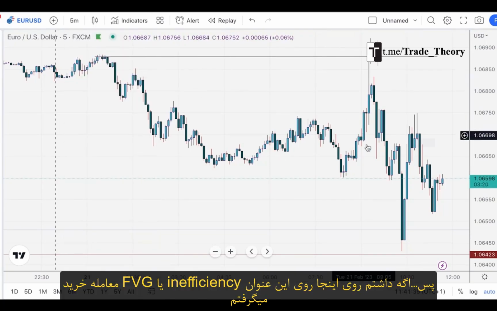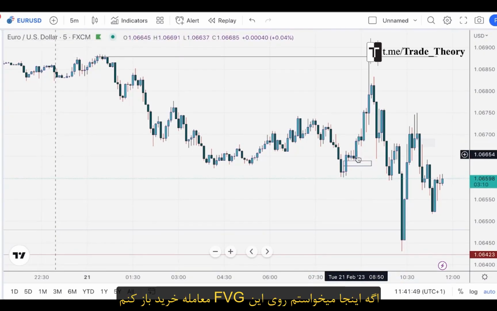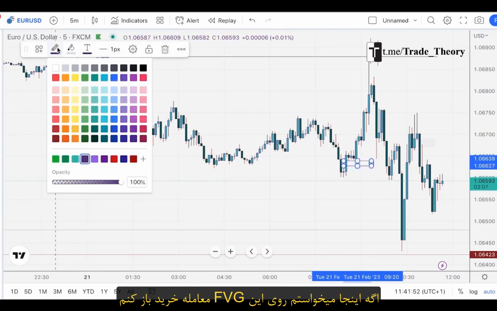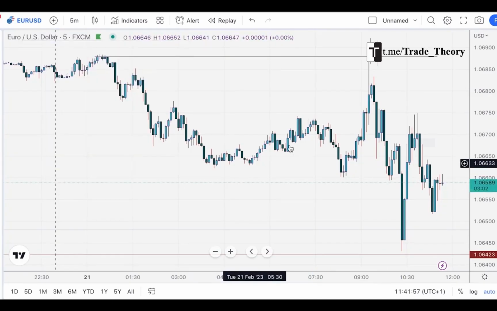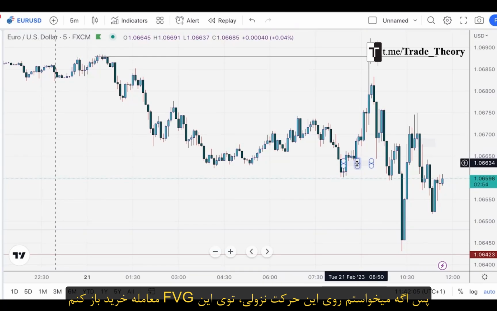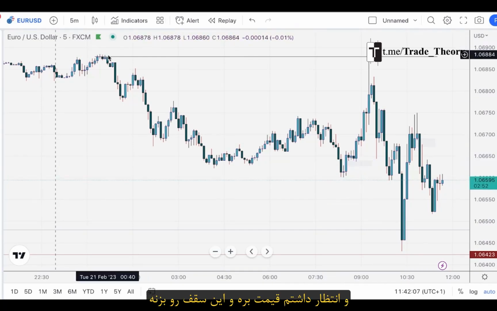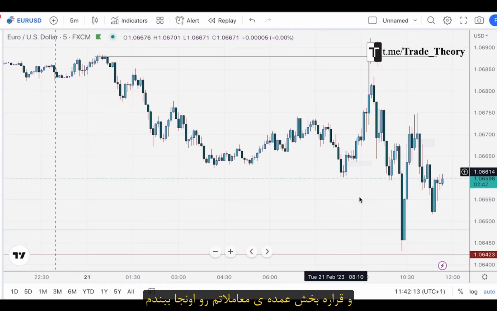So if I was buying this as an inefficiency or as a fair value gap, if I was buying this run down into the fair value gap there, and I was looking to run above this high up here, this is what I'm going to be aiming for, and I'm going to be taking the bulk of my trades off there.